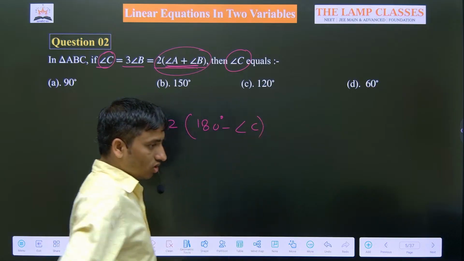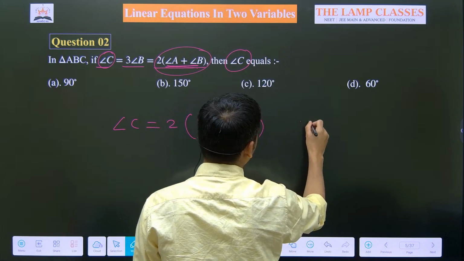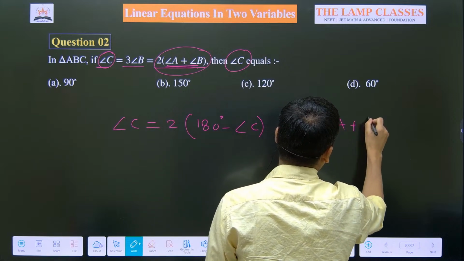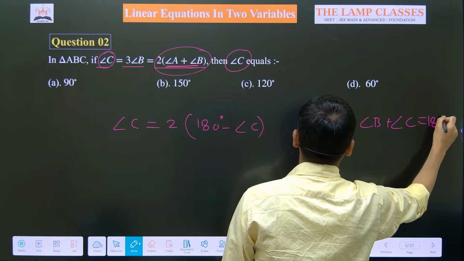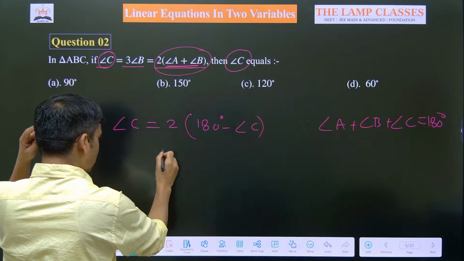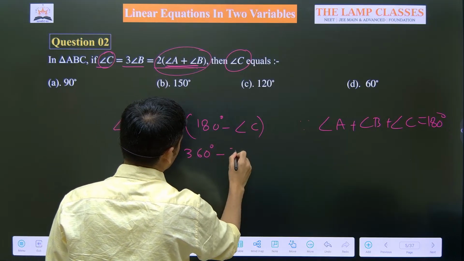You might have done it differently, that's fine, but this is also one of the methods. Why? Because in a triangle, angle A plus angle B plus angle C is 180 degree. So let's simplify this. 2 times, so that will be 360 degree minus 2 times angle C.